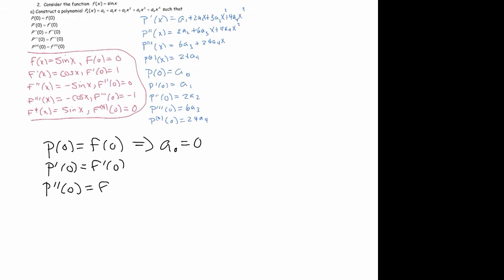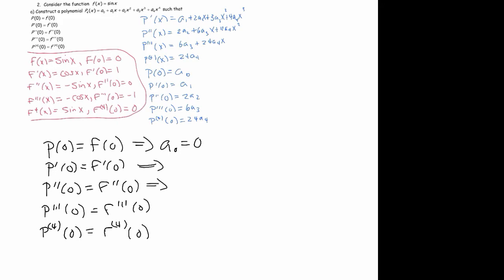We want all these things to agree. So p prime of 0 is a1. We want that to equal f prime of 0, which is 1.